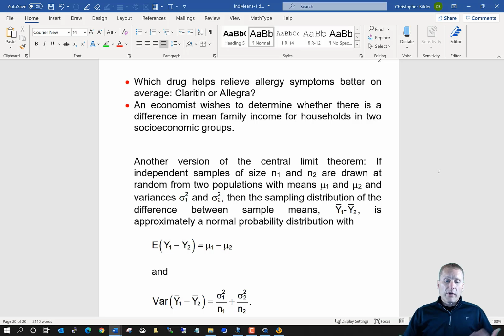So one in particular that I've seen done before is in terms of which allergy medicine, Claritin or Allegra, relieves allergy symptoms the best on average. Other situations would be, let's say, an economist wishes to determine whether there is a difference in mean family income for households in two socioeconomic groups. How can we do that? Well, let's take some samples from these two different populations, one could say, and then do inferences.